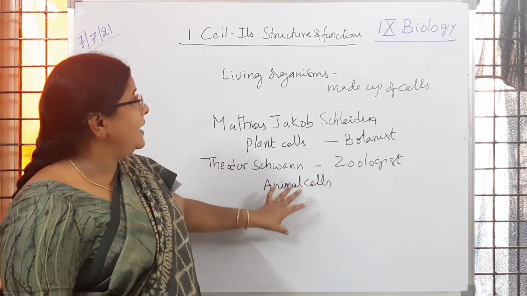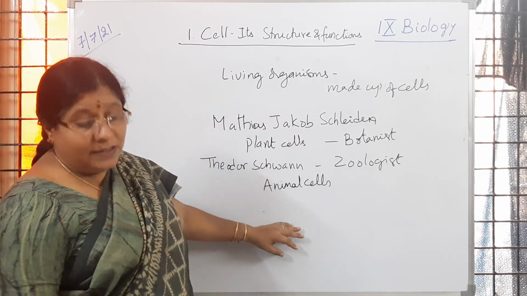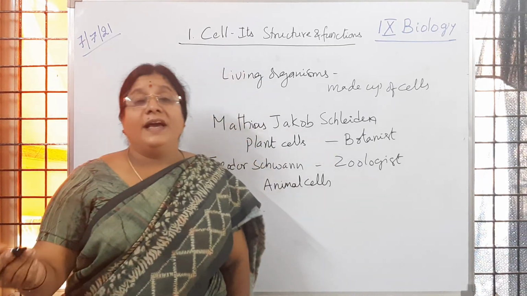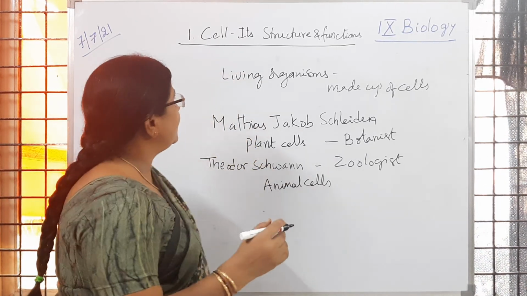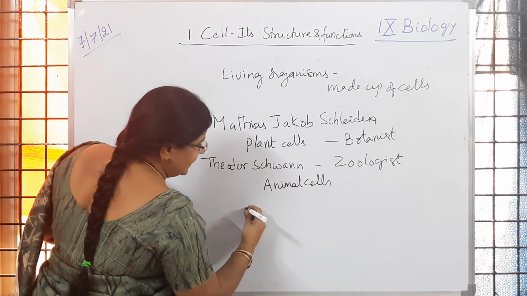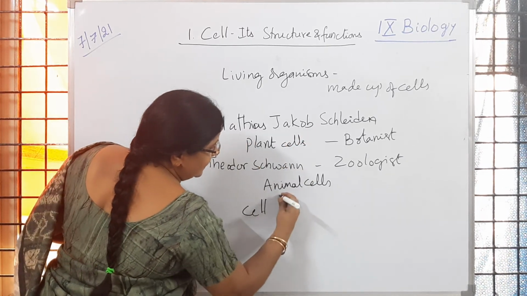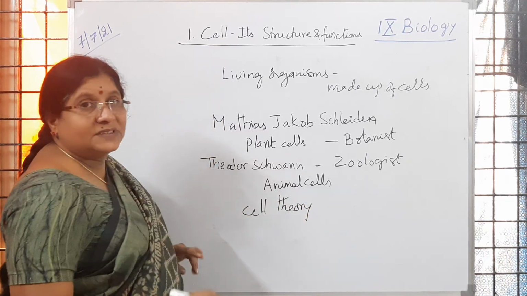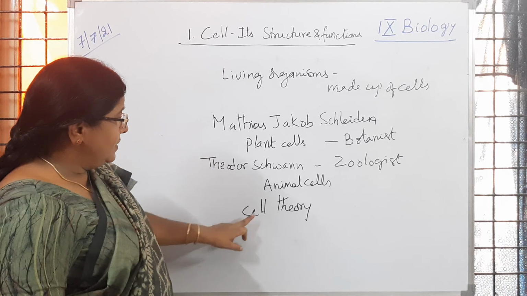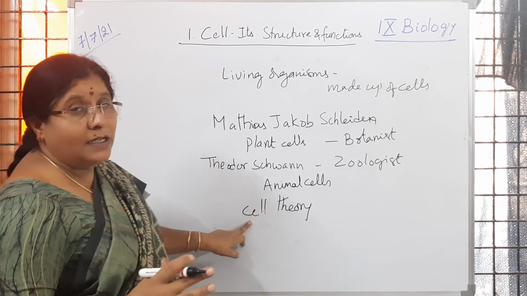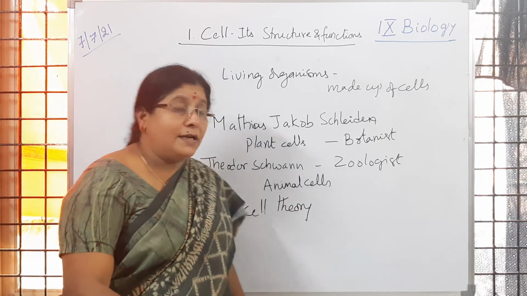So like that, these two scientists formed the theory. Is it clear to you? So what do we call the theory which was proposed by these two scientists? It is called the cell theory. Cell theory. Is it clear to children? What the cell theory is going to explain, I will explain to you later.